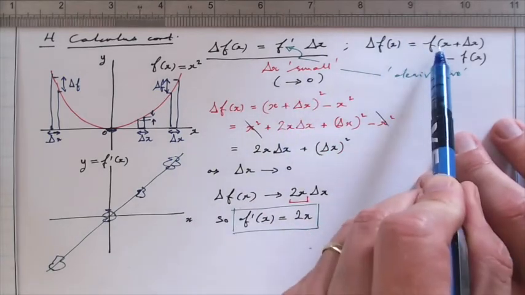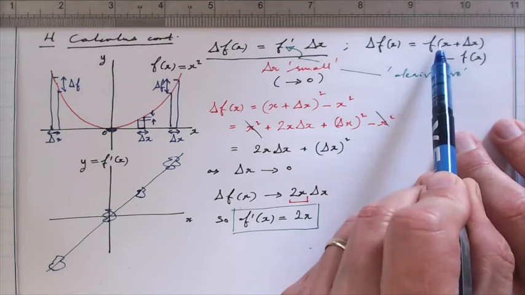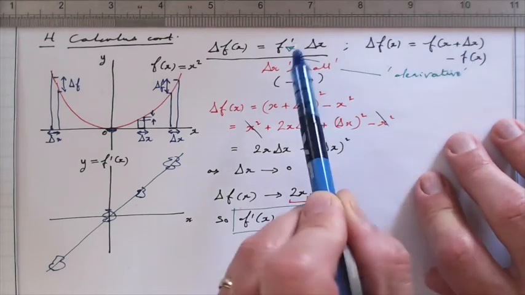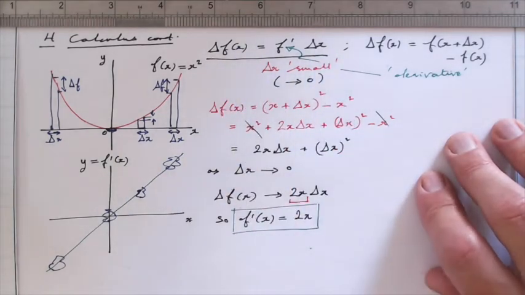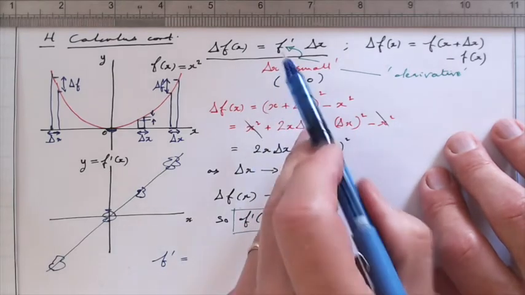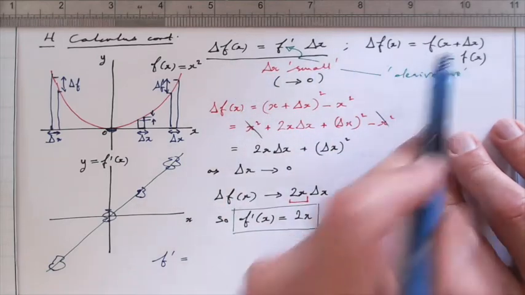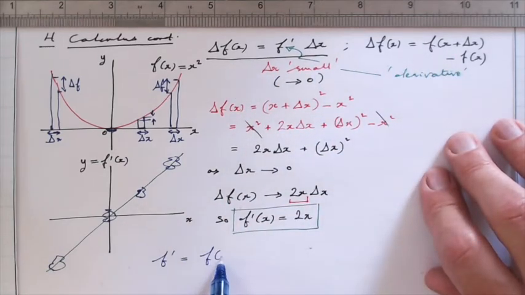Thinking of delta f as this difference in the function at the kind of right neighboring point, take away the function at x, and looking at this relationship, we can see that f primed can be derived from taking delta f divided by delta x, and I want to write delta f like that, as f of x plus delta x, take away f of x, all divided by delta x.